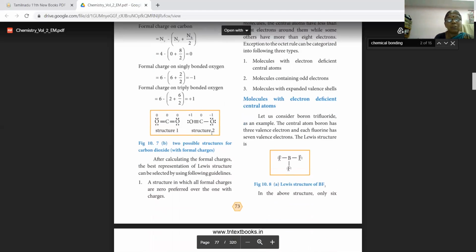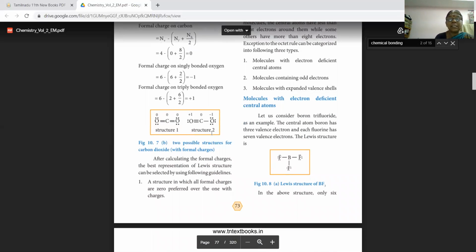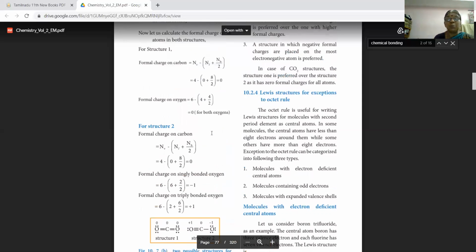After calculating the formal charges, the best representation of the Lewis structure can be selected by using the guidelines given here. The first point is that the structure in which all the formal charges are 0 is preferred over the one with charges.